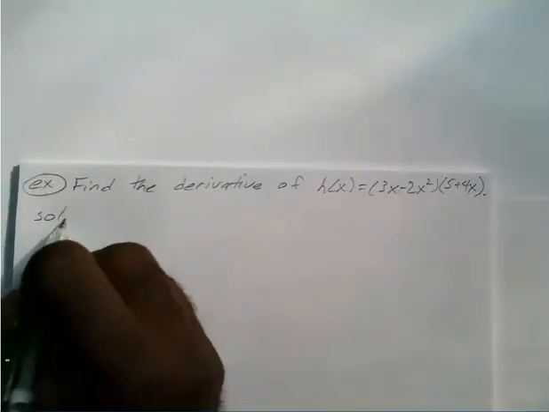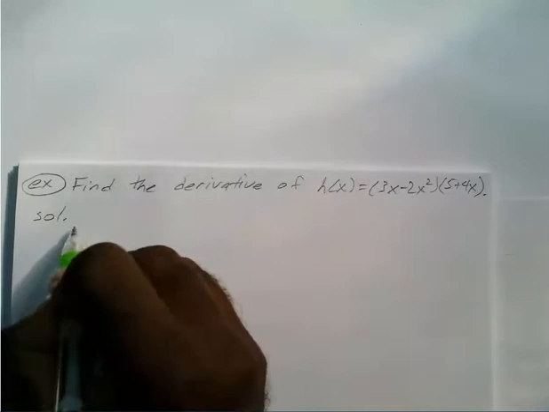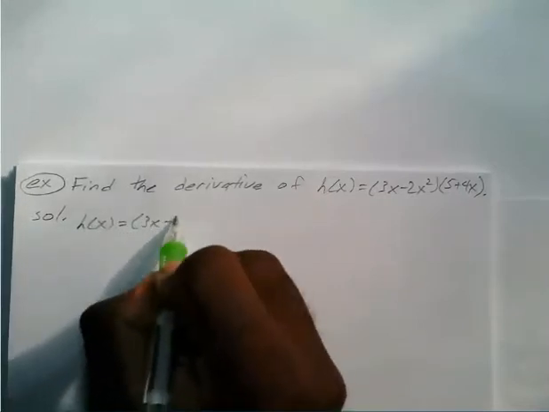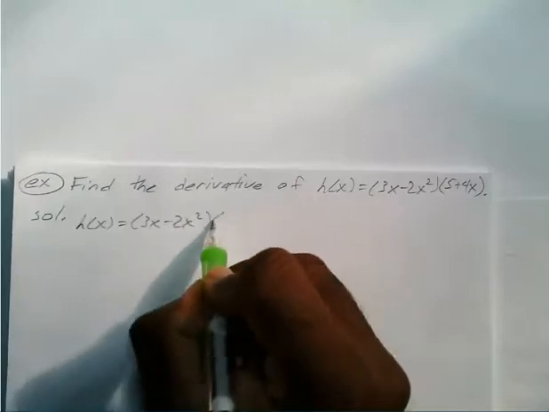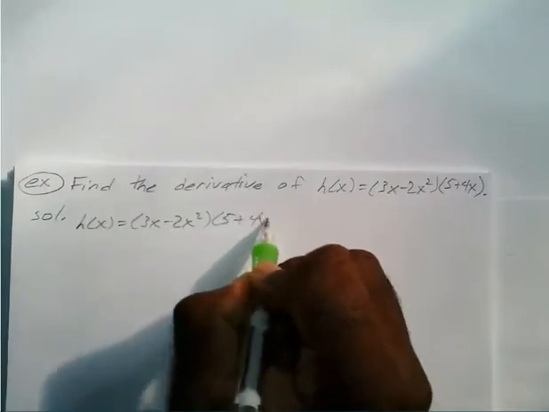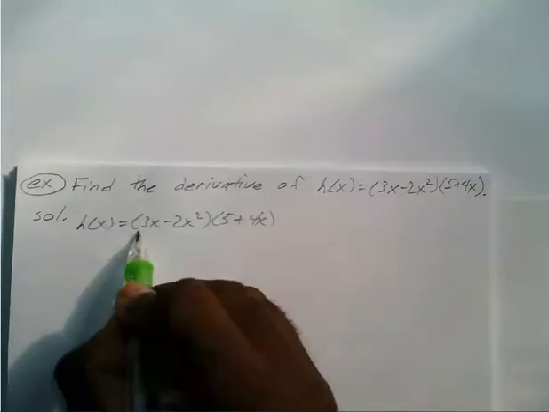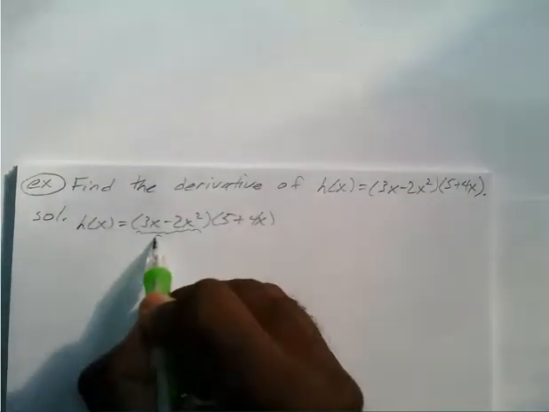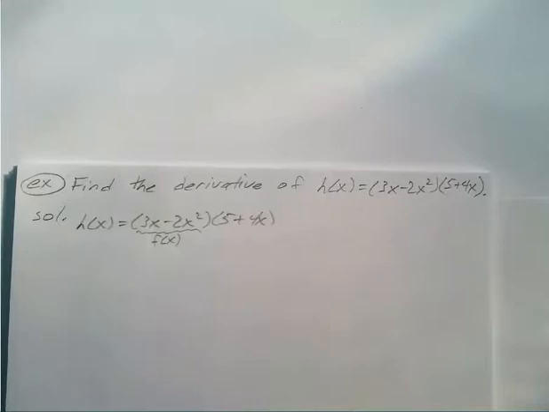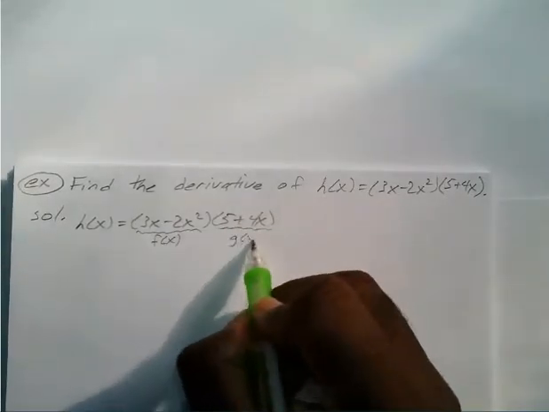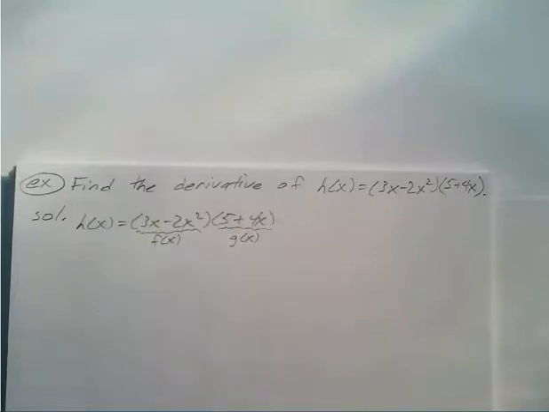Alright, so I'm just going to go ahead and rewrite that. So h of x is equal to 3x minus 2x squared times 5 plus 4x. Okay, so since it's our first one, we'll make this our f of x, or you can just call it first if you want to. And this is our g of x. So you have two functions being multiplied to each other.